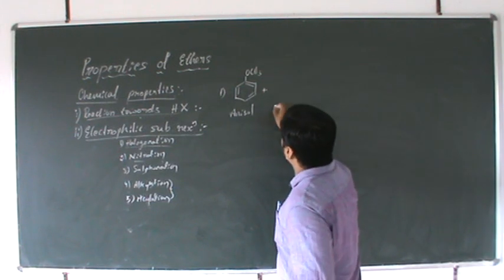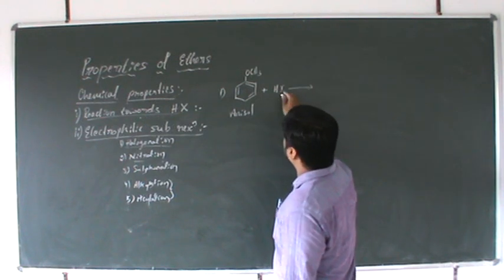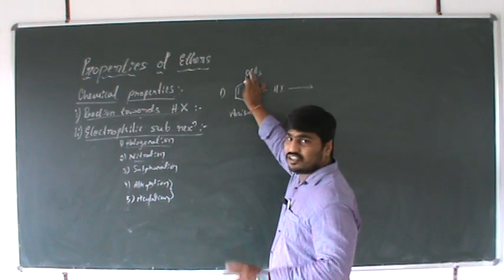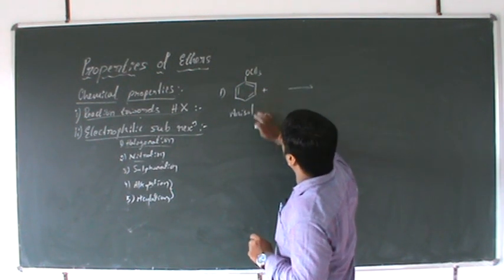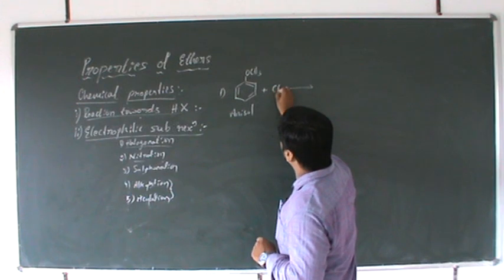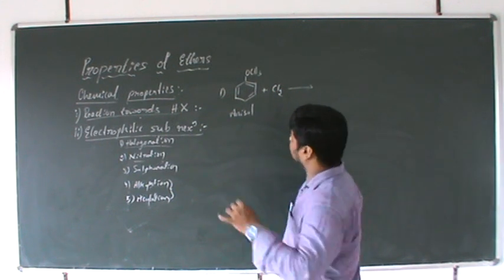Again, it is for you. When anisole reacts with hydrogen iodide, there is no cleavage of the oxygen alkyl part or anything. Halogenation, I consider Cl2 as halogenation. Cl2, Br2, I2, anything.